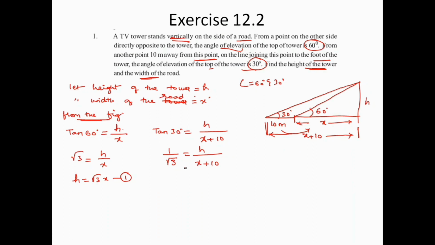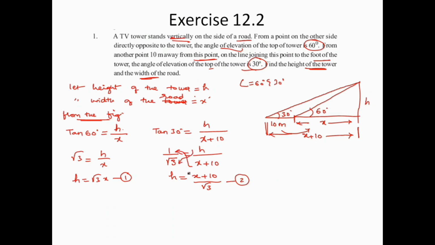So by doing the cross multiplication here, I would get h is equal to x plus 10 by root 3. I hope this is also clear.